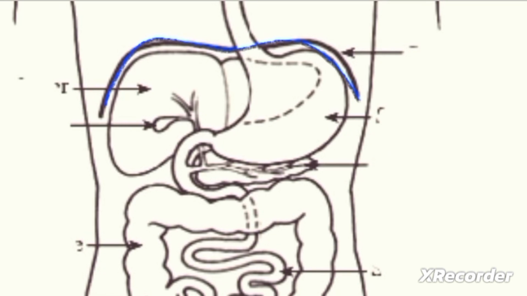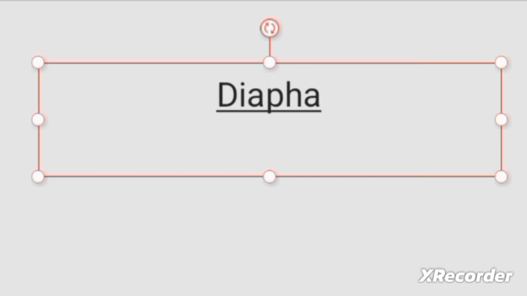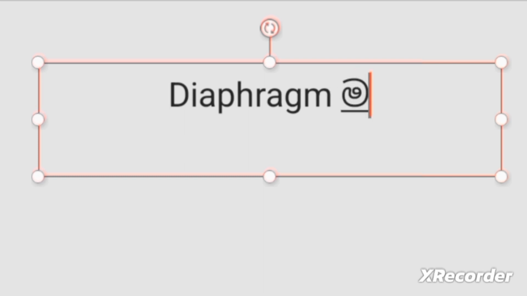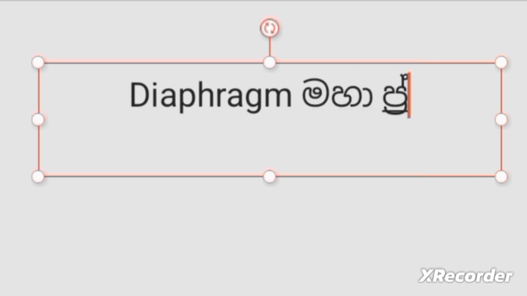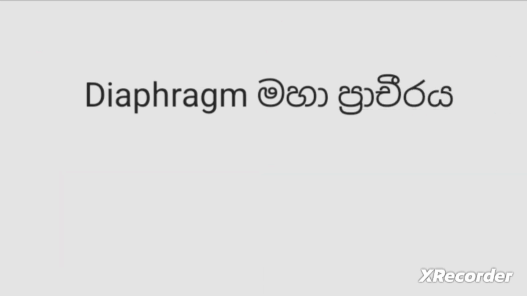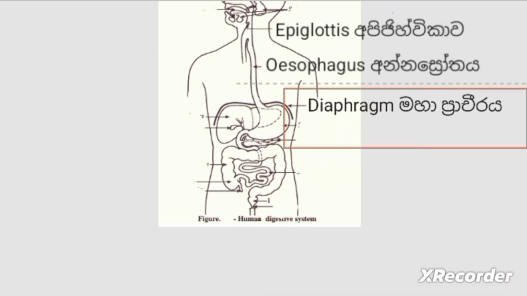So what is the term used for this muscle? It is the diaphragm. In Sinhala we call it මහා ප්‍රාචීරය. So you can label this structure as diaphragm.